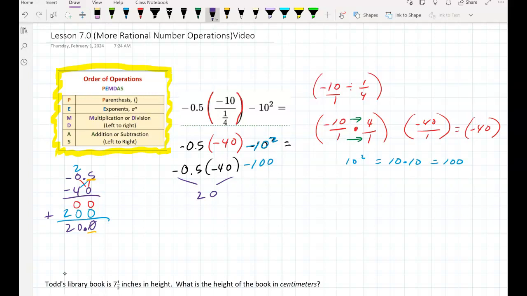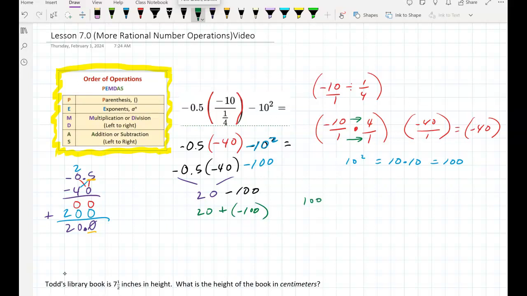And now I bring down the minus 100. Now I'm looking at 20 minus 100. And what is subtraction? It's adding the opposite, so this will be 20 plus the opposite of 100, which is negative 100. So I have 20 positives and 100 negatives.